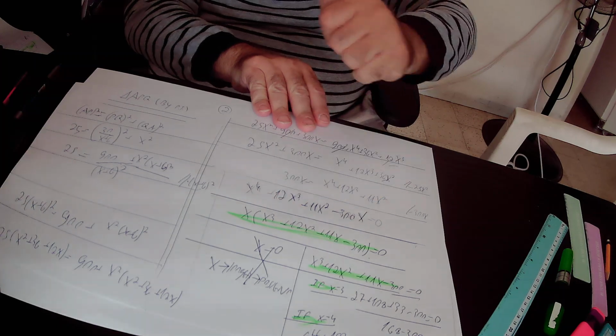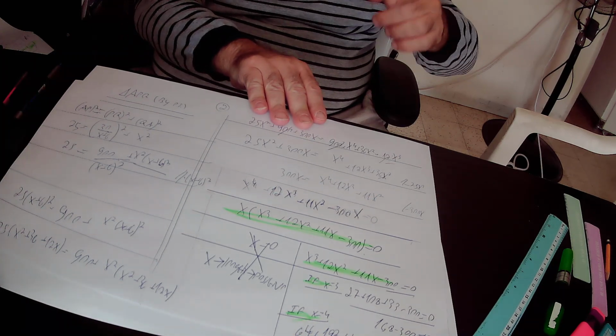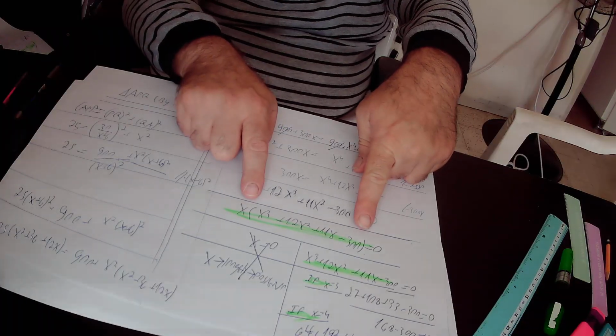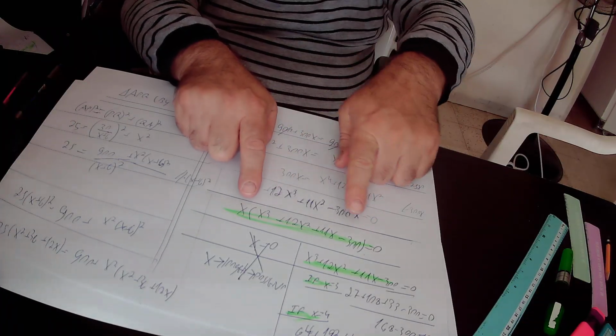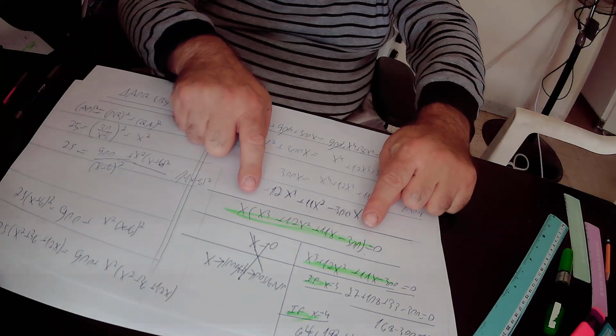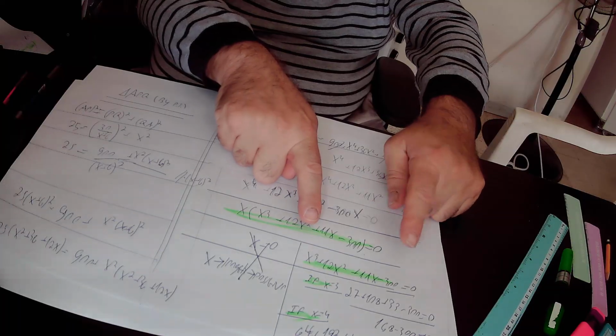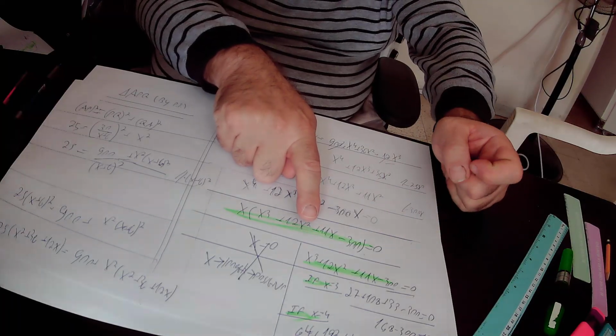So x can never be equal to 0. The second solution for x is that this expression equals 0, because 0 times anything is 0, so we get that 0 equals 0. So the second solution for x is that x cubed plus 12x squared plus 11x minus 300 equals 0.